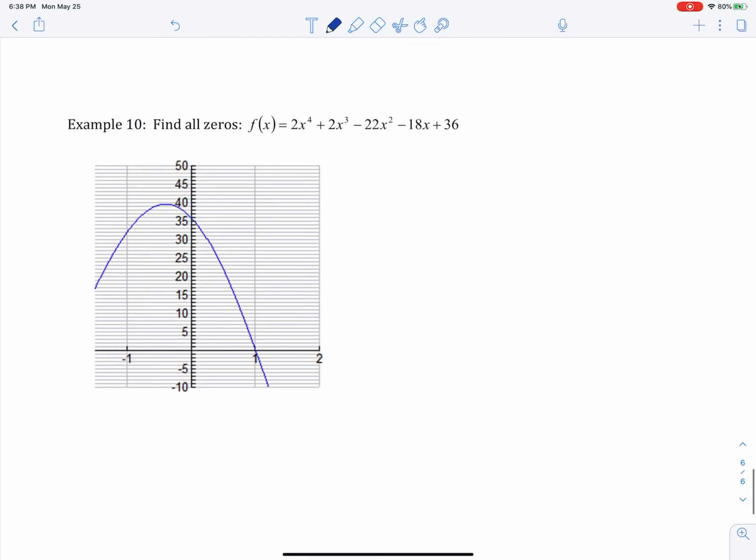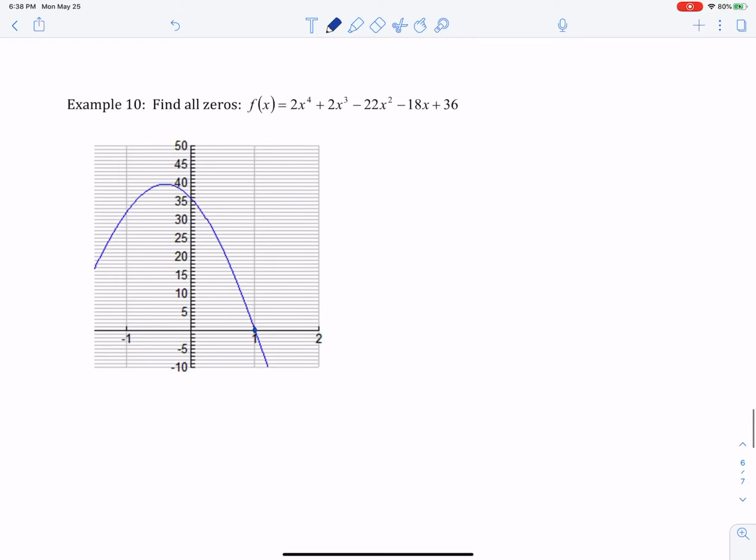The last example, find the zeros. One of the zeros is given, I can see that one of the zeros is 1. So I'm going to go synthetic division: 2, negative 22, negative 18, 36.